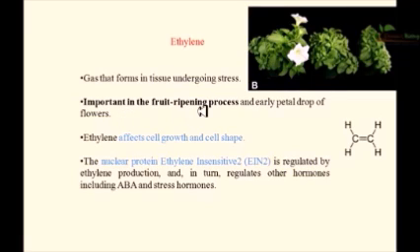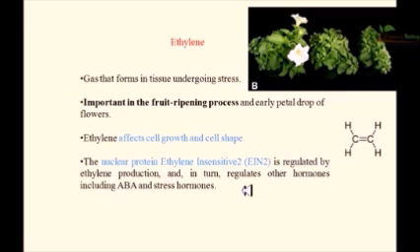Now ethylene affects growth and cell shape, and also it affects the texture of the fruit of the plant. The nuclear protein ethylene insensitive 2 or EIN2 is regulated by ethylene production, and in turn regulates other hormones including abscisic acid and stress hormones.